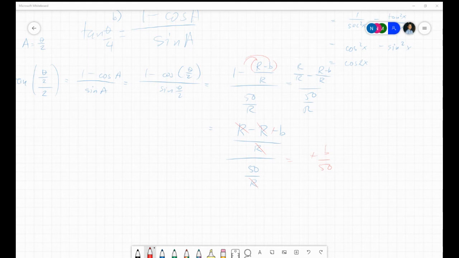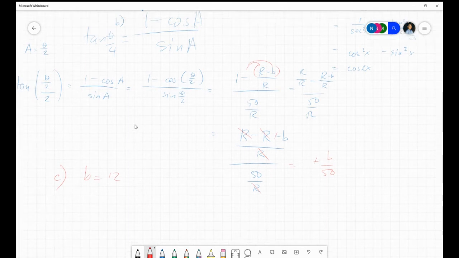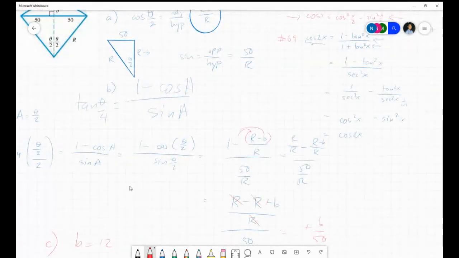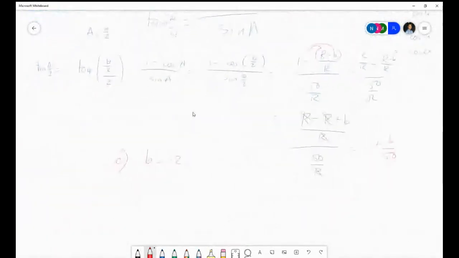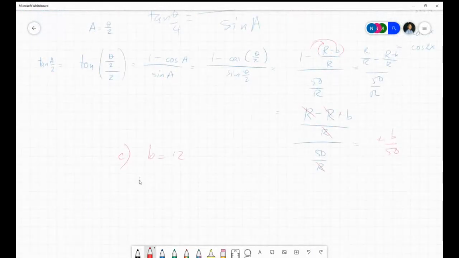And then if b is equal to 12, what is the measure of angle theta to the nearest degree? All right, so part C, b equals 12. Let's see, what is it in terms of tangent? So we should use tangent. Tangent of theta over 4 equals 12 over 50. So what we can do is use tangent inverse of 12 over 50, and then just multiply it by 4.